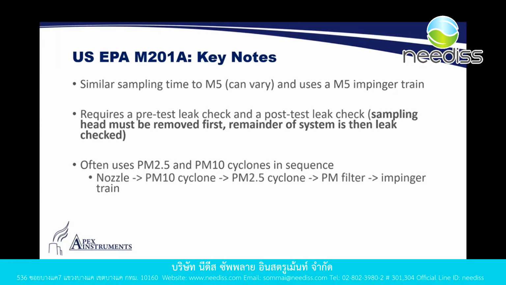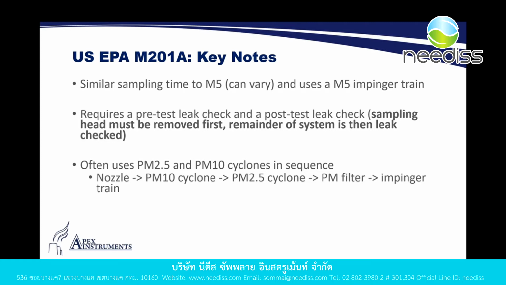Everything else is exactly the same except at the front of your probe, you are now adding the cyclone to the front of the system, and that will act as your capture point, your filter, rather than having the filter in the hot box at the back of the probe. But everything else in the system will remain exactly the same, as you're probably familiar with.